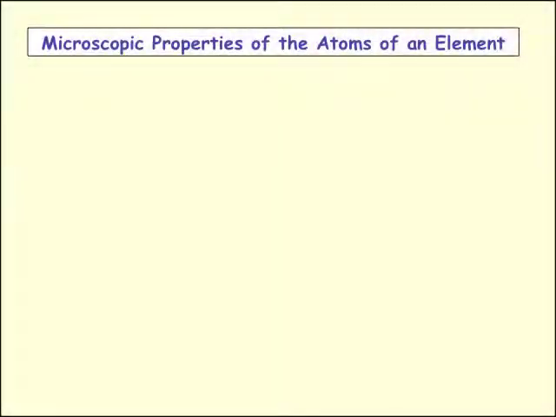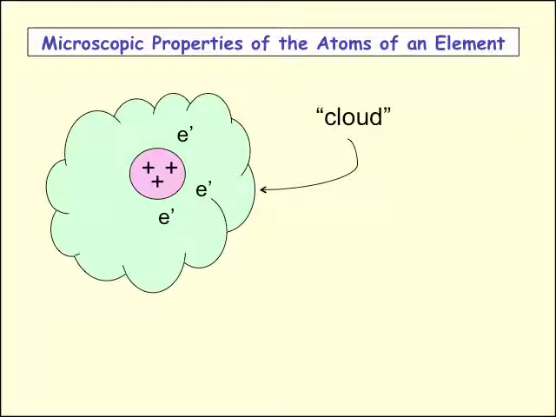Now let's look at the microscopic interpretation of the trends in the atomic radii using the wave mechanical nuclear model of the atom that has been developed. In a general way, an atom can be imagined to consist of a nucleus surrounded by an ill-defined electron cloud. The electrons are constrained by the nuclear charge.